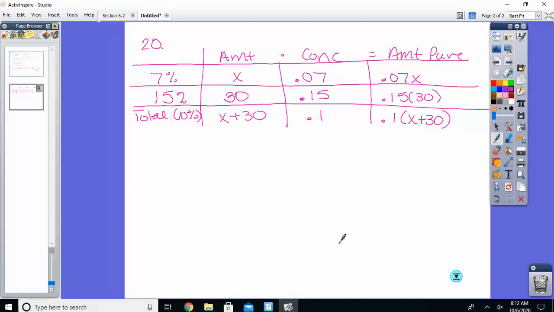Now the nice thing about these is we can just write our equation straight from that point. What do we have to do? Add the first 2 to equal the total. So 0.07x plus 0.15 times 30 equals 0.1 times x plus 30.